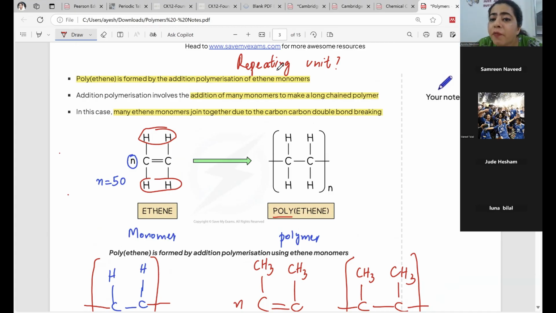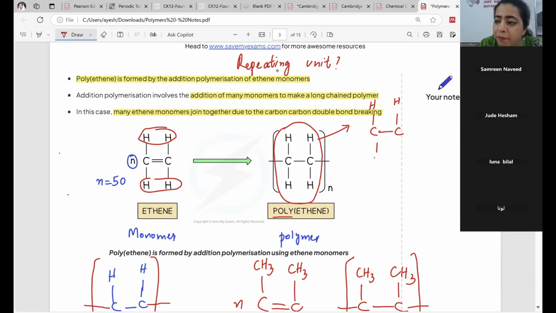Repeating unit means the unit which is going to repeat again. So the unit which is inside the bracket is repeating again and again. So for this monomer, the repeating unit is this one without bracket. So you will say that C bond C attached with 4 hydrogens above and below with single bonds on both sides. This is a repeating unit.